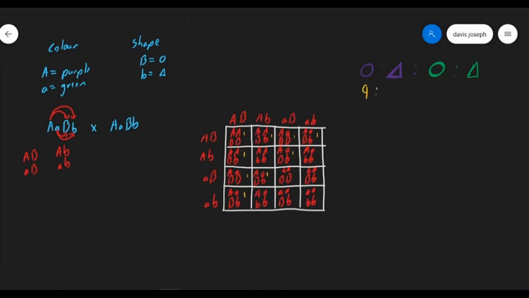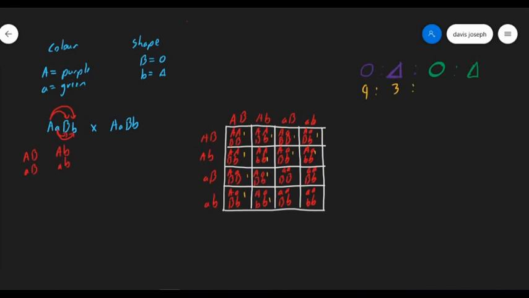For our purple and triangular, they have to have at least one dominant allele for purple, and they have to be double recessive for shape. So at least one capital A and two lowercase b's. So that's going to be 1, 2, 3 individuals.